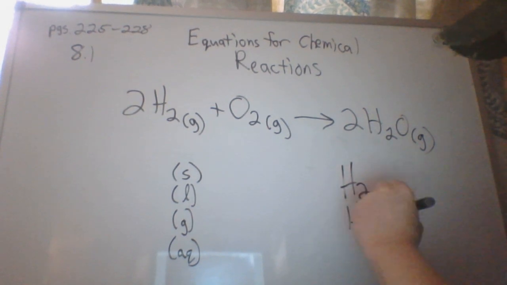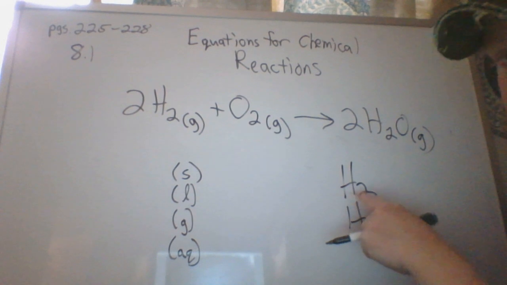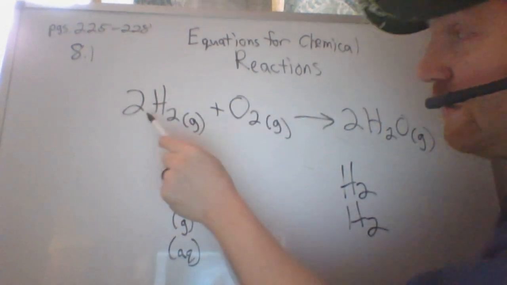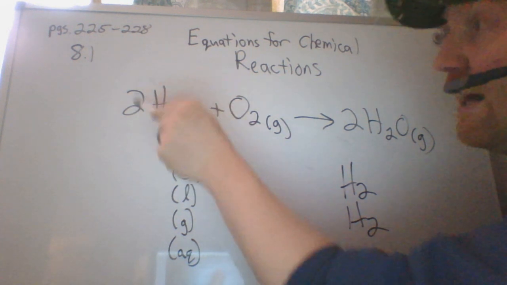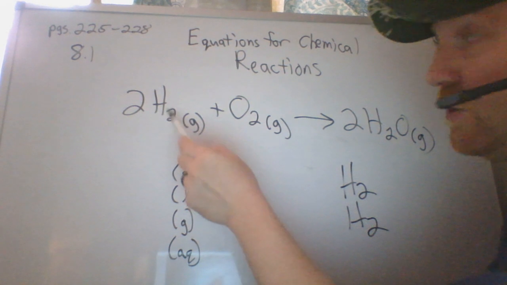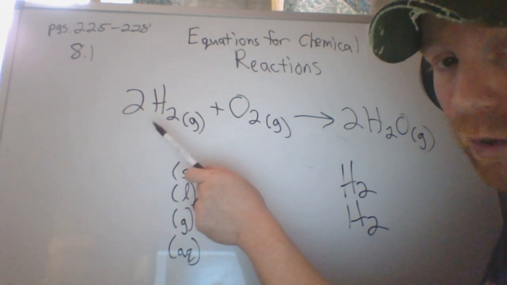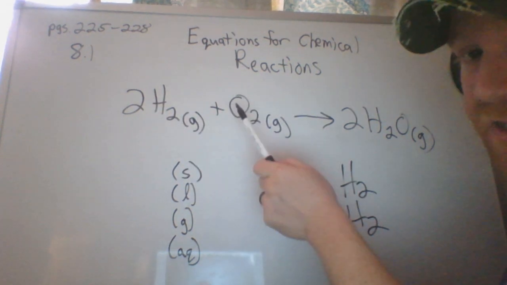It's like writing H2 twice. So if this is how hydrogen gas exists, and we have 2 molecules of it, think about the distributive property in math class. 2 times 2 gives us a total of 4 hydrogens. We have 4 hydrogens on the entire left side, on the reactant side.